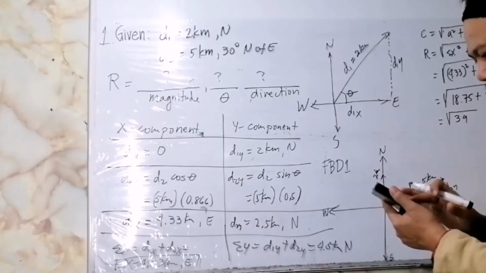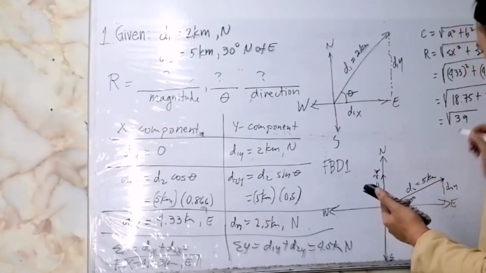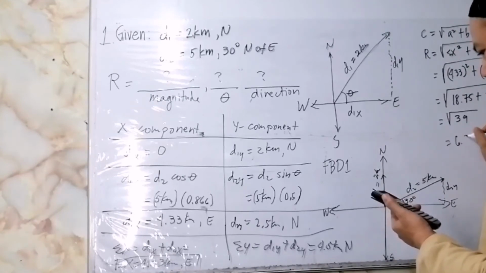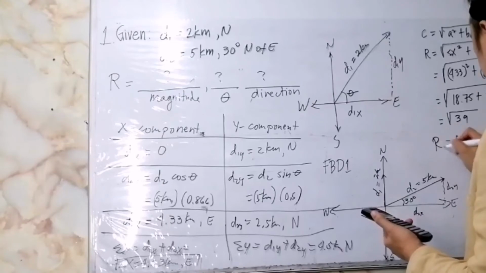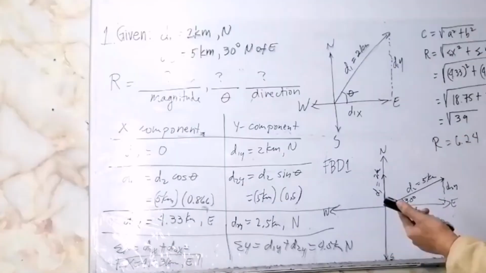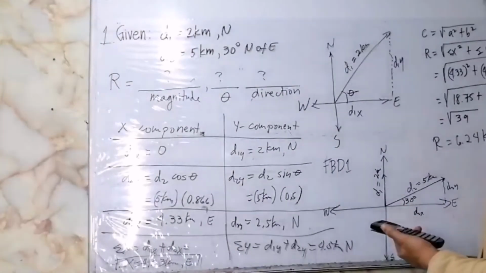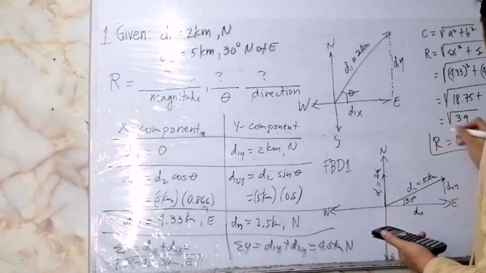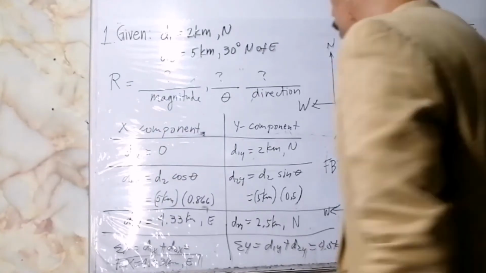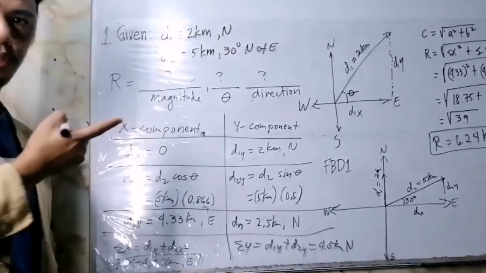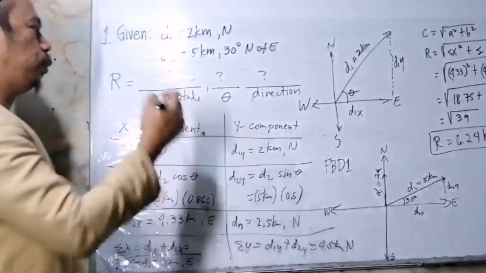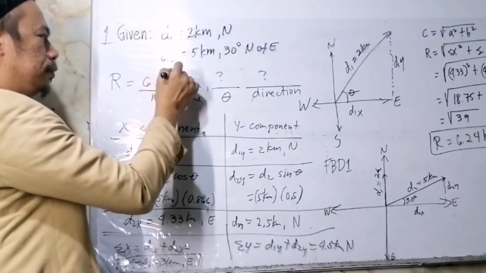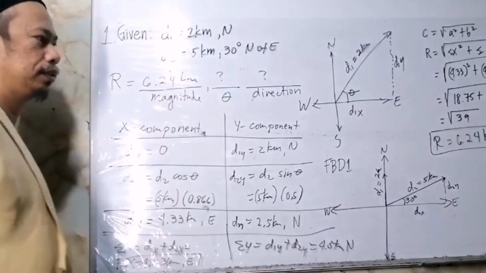So what is the square root of 39? 6.24. So the R is 6.24 kilometers. Okay. So the magnitude is 6.24 kilometers.